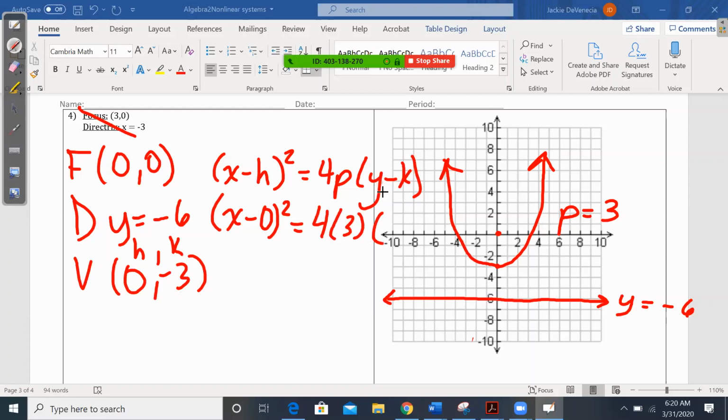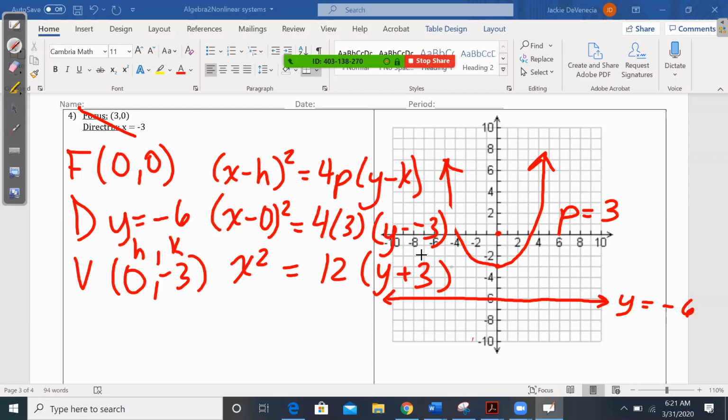And then here my k is negative 3, so y minus negative 3. So this one would just be x squared is equal to 12(y plus 3), because you have a minus negative.